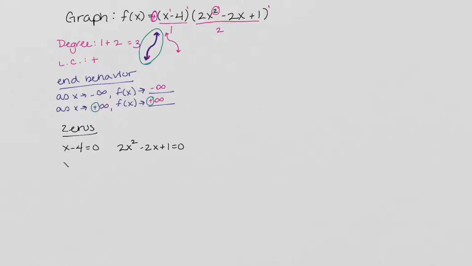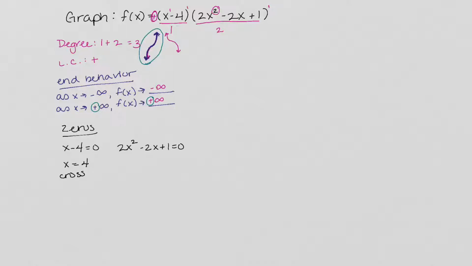X minus 4 solves to x equals 4, and we know from our review of interactions with the x-axis that this is a linear factor. It has an exponent of 1, which means that we just cross the x-axis at x equals 4. There's no wiggle going on there, which is interesting because this is a cubic function and it should wiggle somewhere, right? Now let's look at the 2x squared minus 2x plus 1.